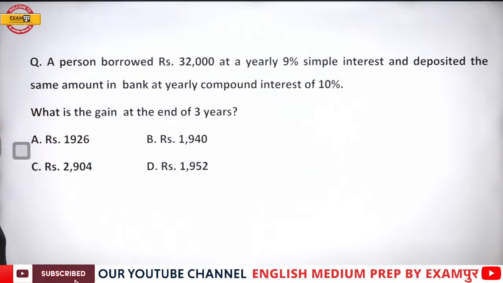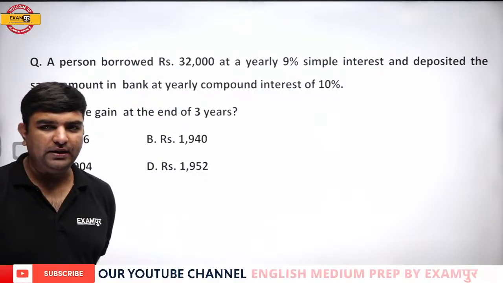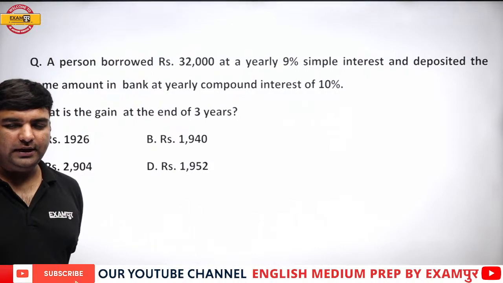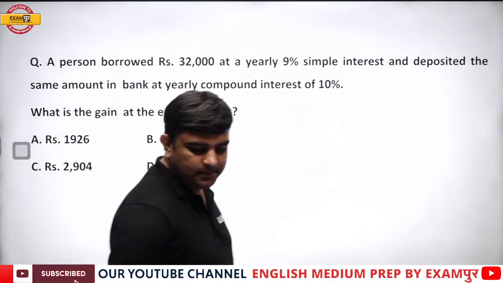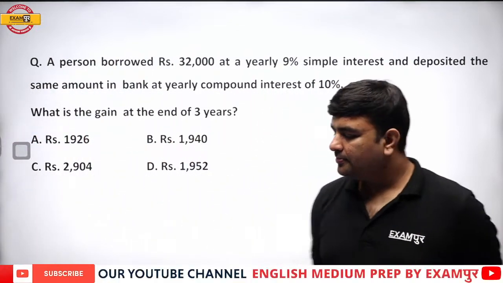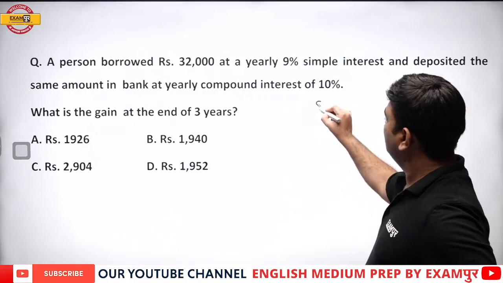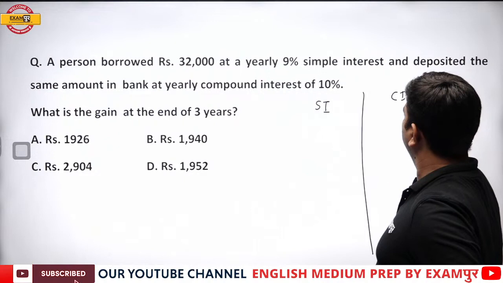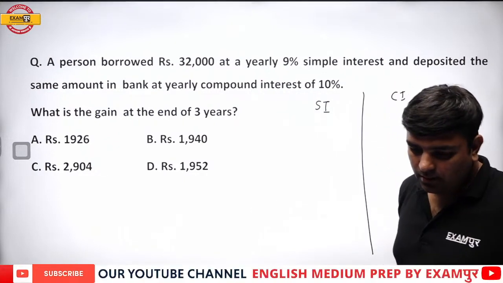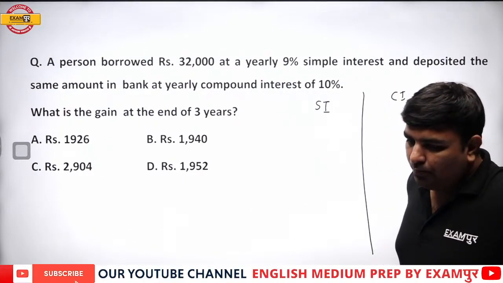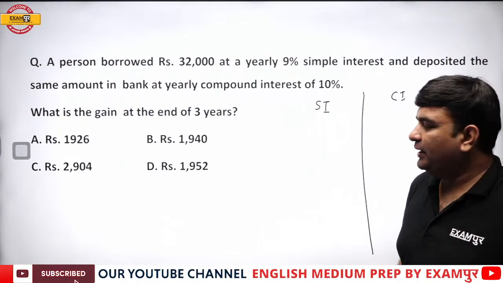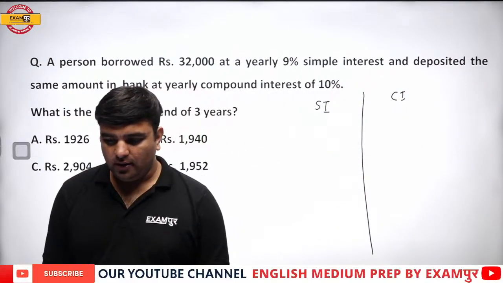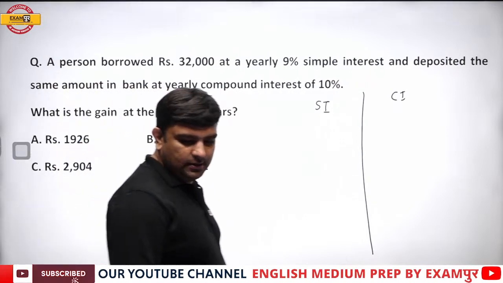Borrowing 32,000 at 9% simple interest and lending it at a compound interest rate of 10% for 3 years.